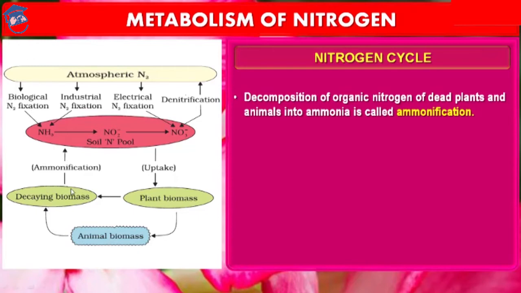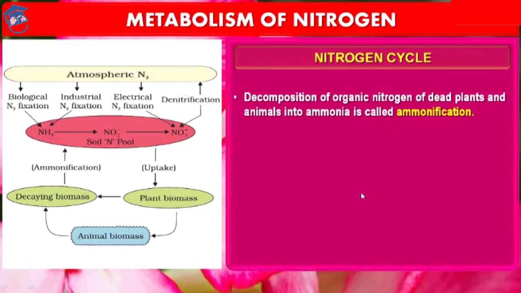It converts the nitrogen present in the plant and animal body into the ammonia form, so that it can re-enter the nitrogen cycle again. Decomposition of organic nitrogen of dead plants and animals into ammonia is called ammonification.